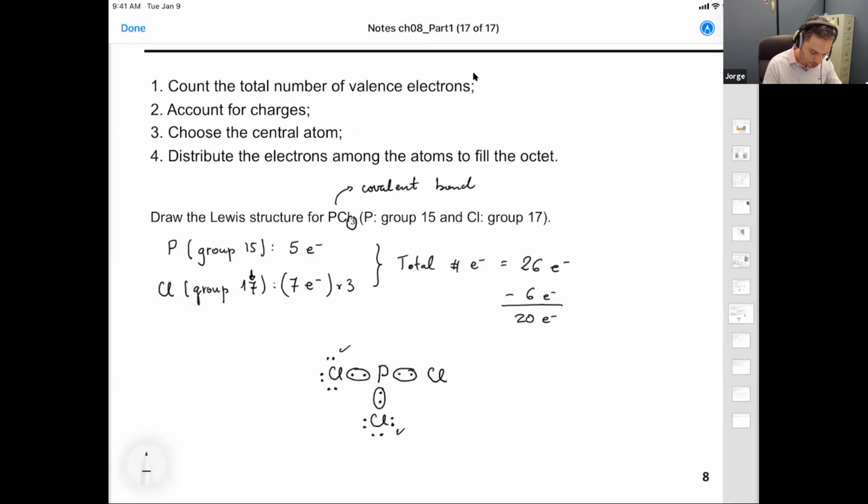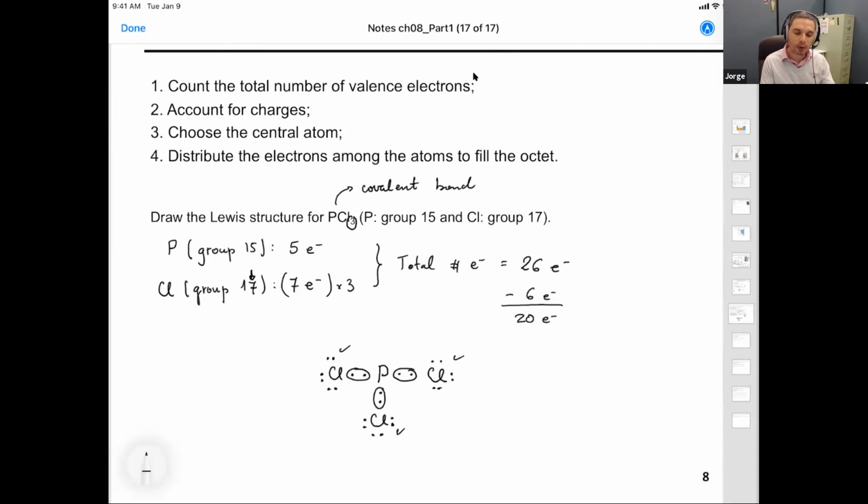This is stable. Moving on to the next. 1, 2, 3, 4, 5, 6, 7, and 8. Okay, and this here is stable because now we have 8 electrons as well.